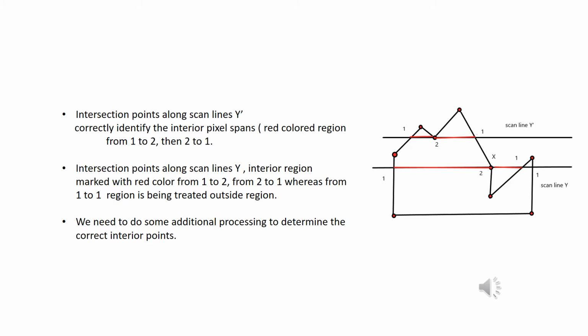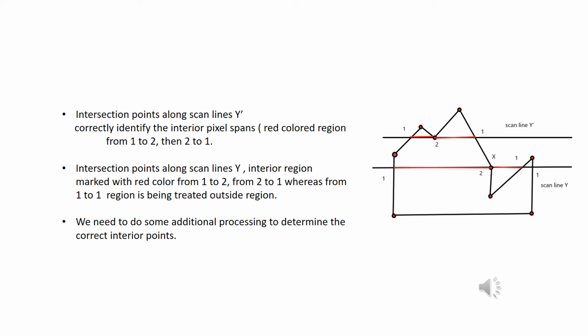Using the even odd test method, we determine the interior regions along the scan line from 1 to 2 and from 3 to 4. But in the case of scan line y, as it has intersected this polygon at 5 intersection points, using the even odd test method, we see the interior regions from 1 to 2, then from 2 to 1, which has been marked with red color.